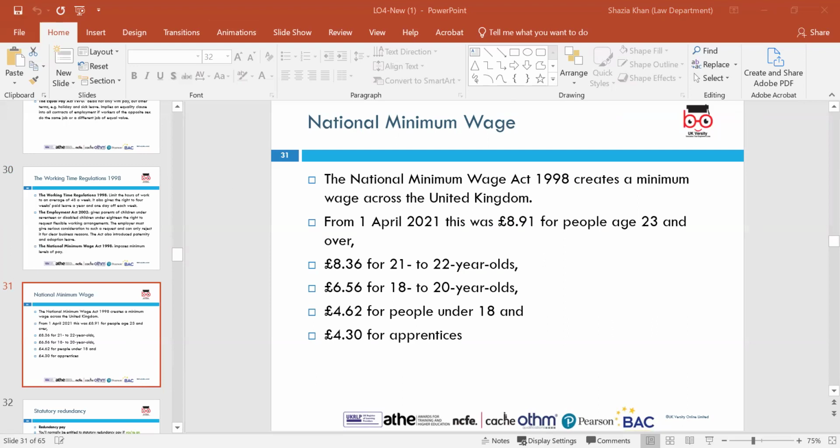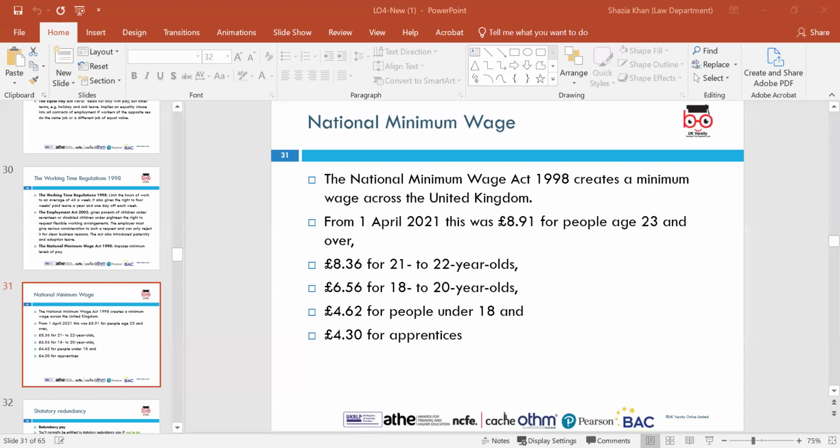In April 2022, the national minimum wage for 18 to 20-year-olds is £8.60, an increase of £1.11. For 16 to 17-year-olds it's £6.40, increased by £1.12, and for apprentices, £6.40, so an increase of £1.12. So it's quite a large increase.